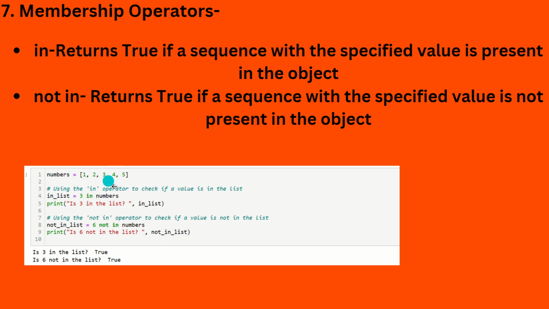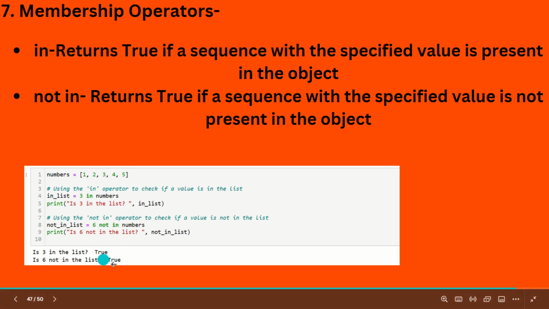If that value is present in the object, we get true, else we get false. Example, we have taken a variable numbers, which is assigned, again a list, 1, 2, 3, 4, 5, and in is the keyword. 3 in numbers, 3 is there in this variable. Yes, it is there. We should get true as the answer.